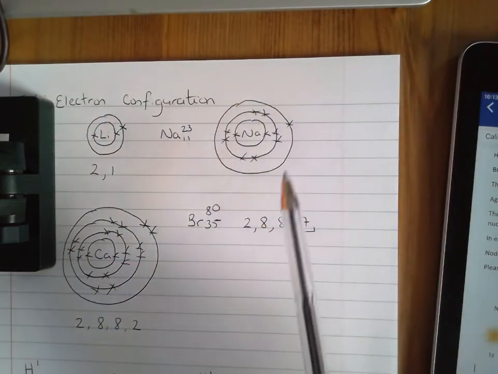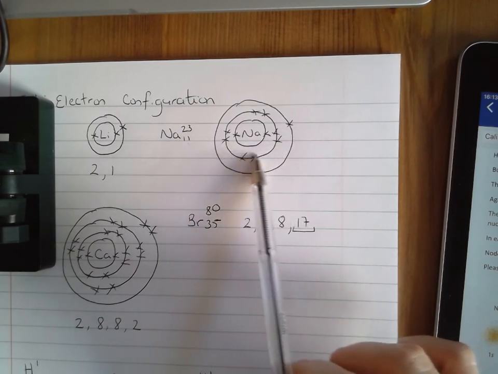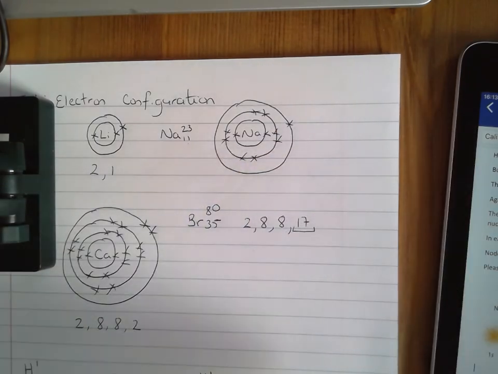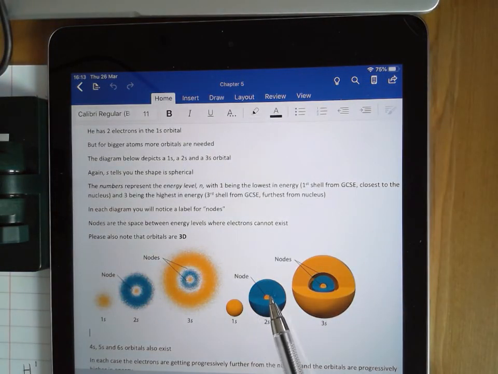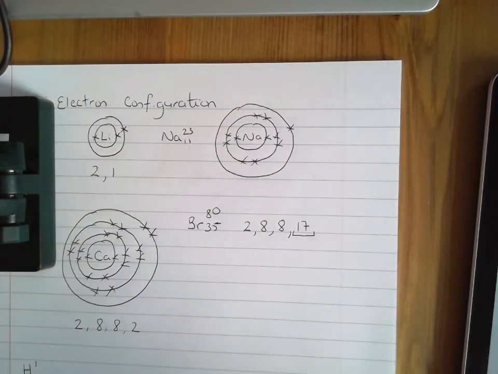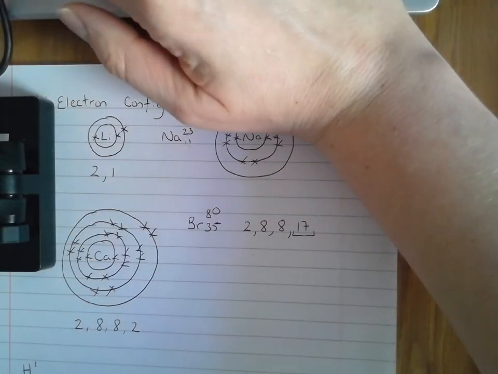What about the other 6 electrons that we were able to get into the second shell at GCSE? If I can only put 2 electrons in my 2s orbital, where are my other second shell electrons going? For that, we are going to need a p orbital, which I'm going to go through in the next video.